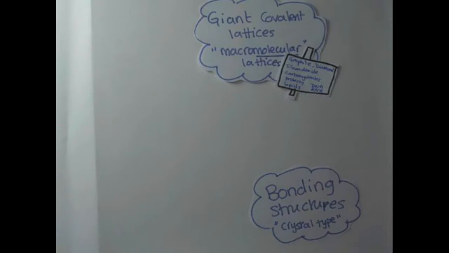They're all giant covalent lattices. The definition for a macromolecular structure is something with 10,000 or more atoms in it. So these are extremely huge structures.